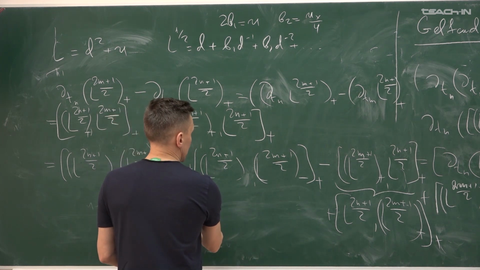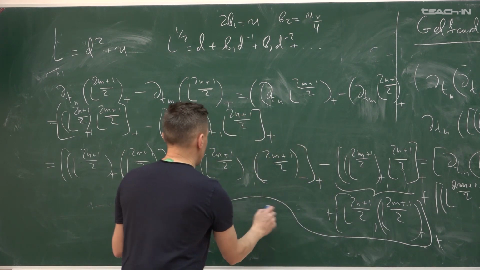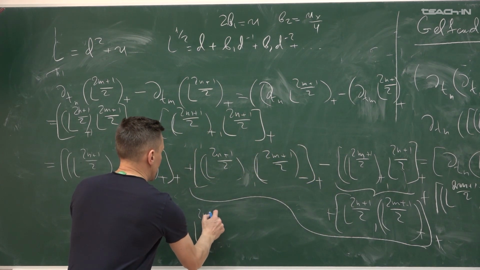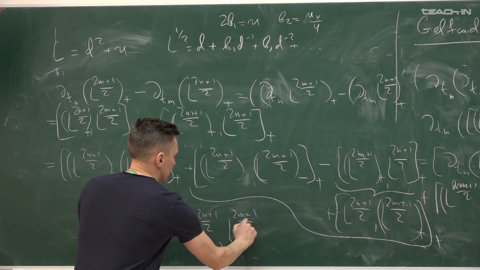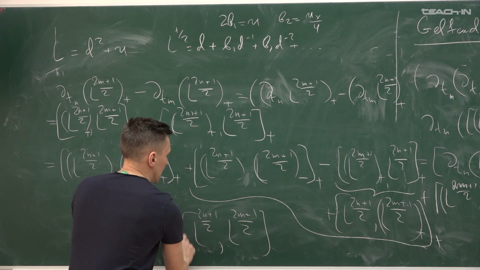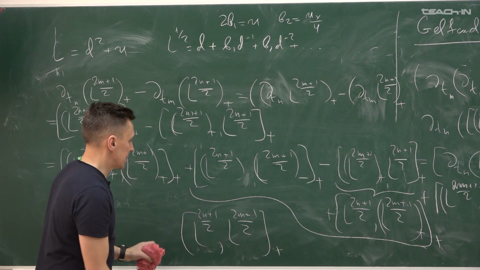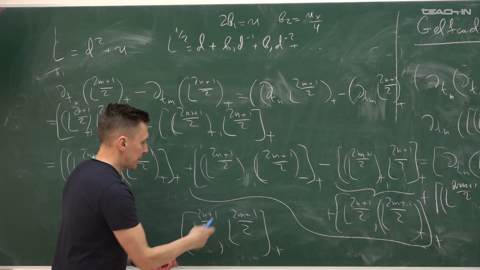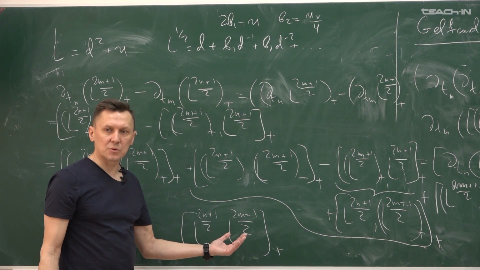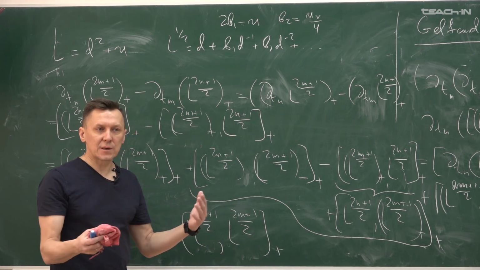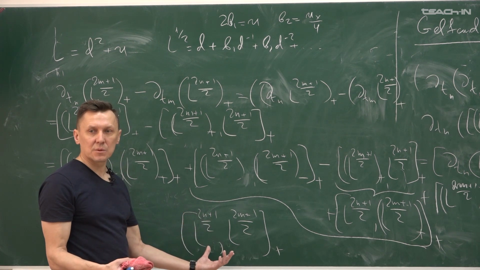And this is L to n plus 1 over 2 with L to m plus 1 over 2 without signs, commutator and plus. But just the powers commute, the powers of L commute. The plus and negative parts don't commute in general. But here are just the powers of the same differential operator.